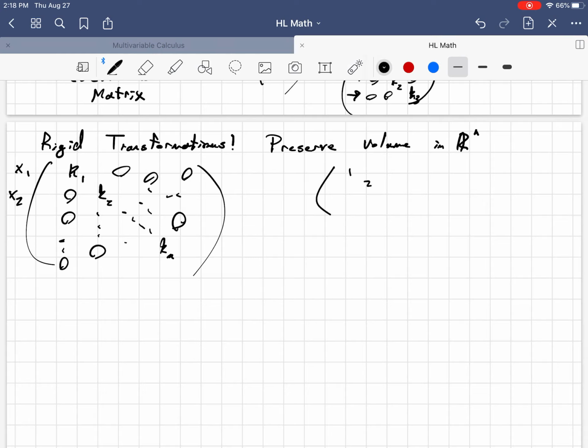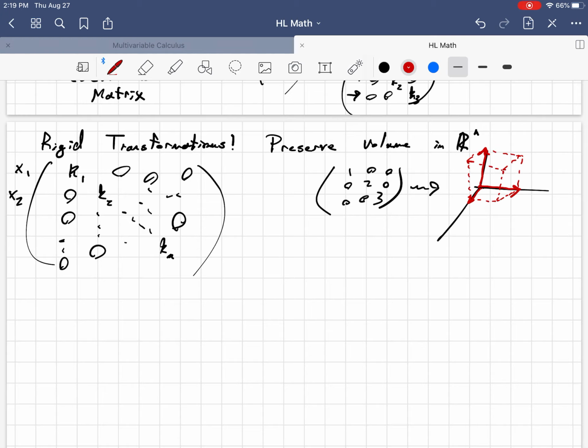In R3, if I have the matrix with 1, 2, 3 along the main diagonal, and then zeros everywhere else, all that would represent geometrically in 3 space is that we would go 1 unit out in the x direction, 2 units out in the y direction, and 3 units up in the z direction. And we would just get, hopefully you can understand my drawing here, a rectangular prism.